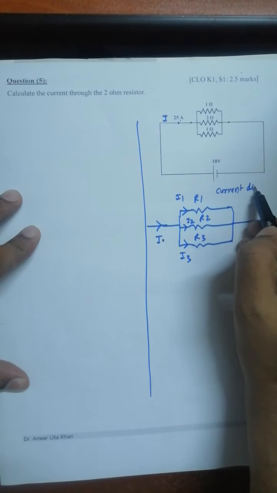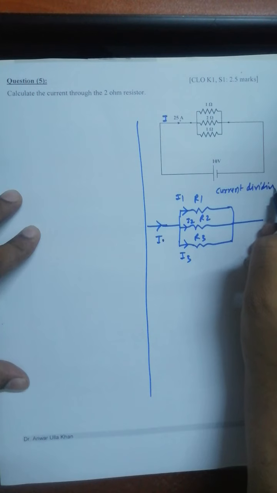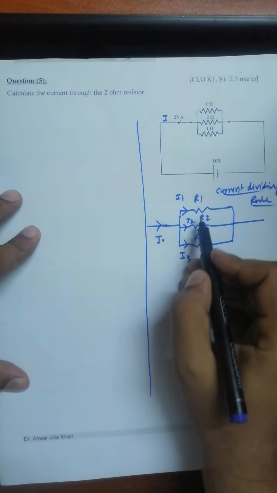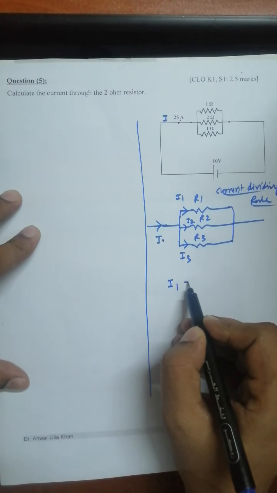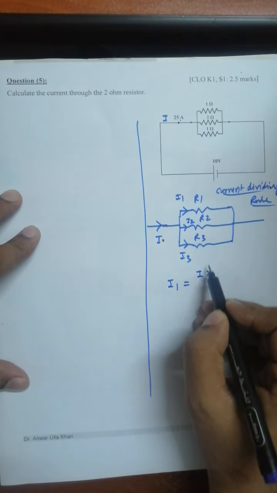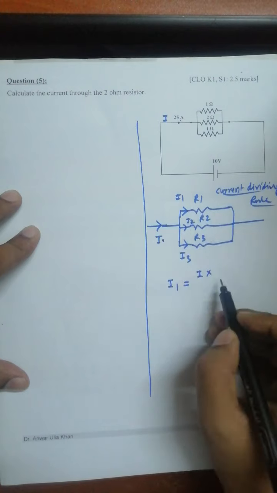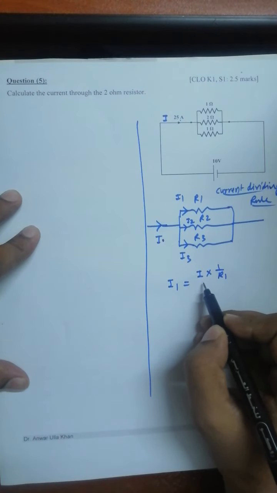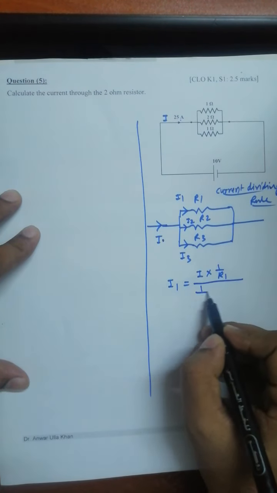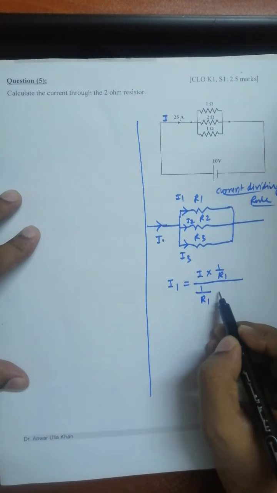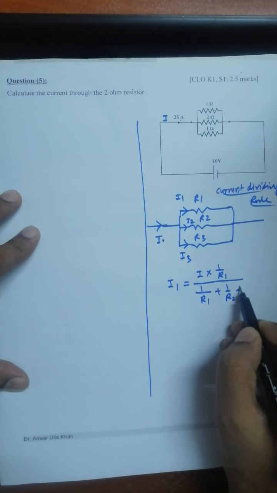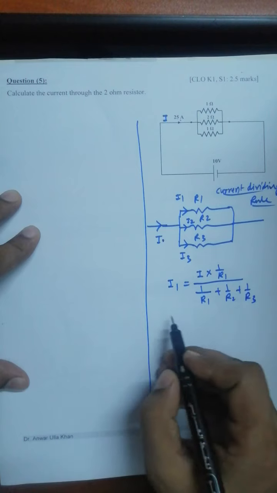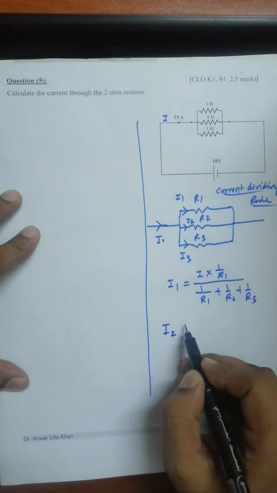Current dividing rule. Okay, so what will be the value of I1 here? I1 will be total current I multiplied by the reciprocal of this resistor, means 1 divided by R1, divided by 1 divided by R1 plus 1 divided by R2 plus 1 divided by R3. In the same way you can calculate I2 also.